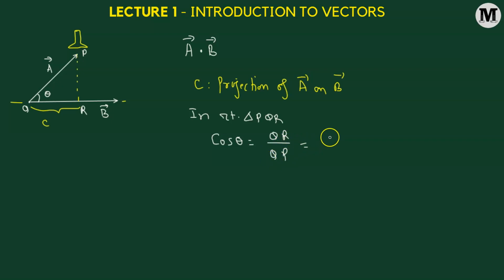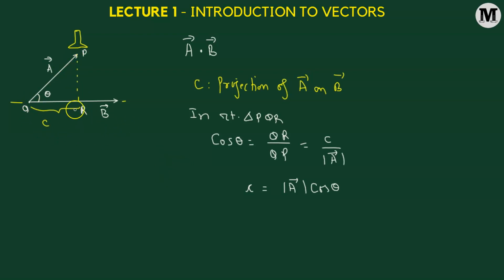QR is nothing but the projection C, divided by QP. QP is going to be the magnitude of vector A, right? We're not going to consider the direction, only the magnitude. So if we rearrange the terms, we get C equals the magnitude of vector A times cosine of angle theta. So C is going to be the length of the shadow of vector A along B.